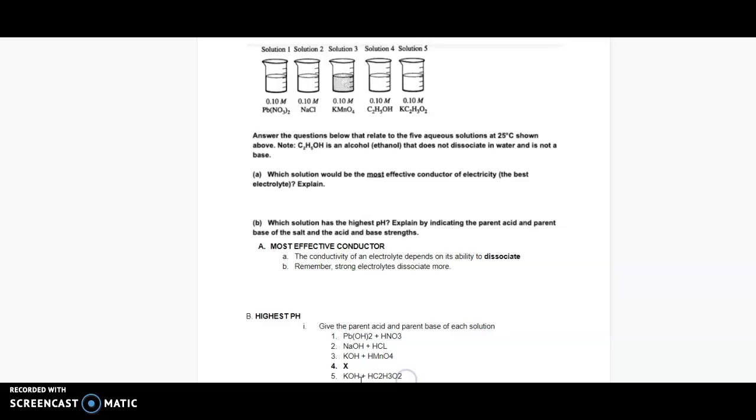So solution 5 is the only solution where the parent base is strong and the parent acid is weak. So the solution with the highest pH will be solution 5. When you're explaining this, make sure to mention the strength of the parent acid and base, because that will determine which solution has the highest or lowest pH.